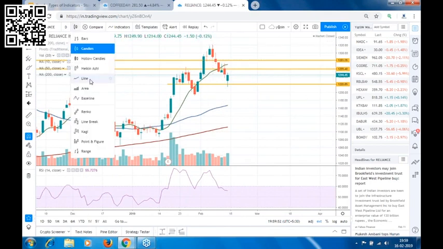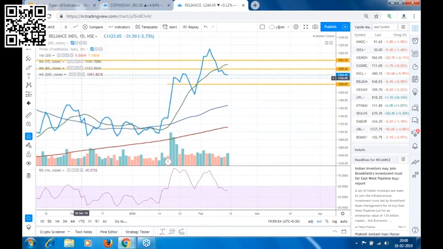and also if we look for a divergence, see the high the stock is making, and see the low that your RSI is making.